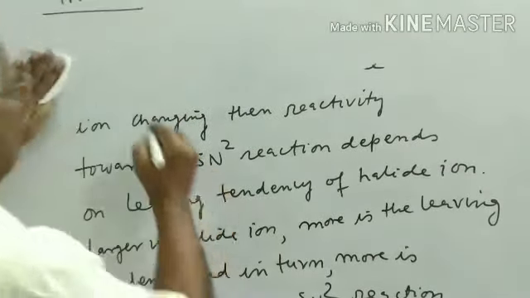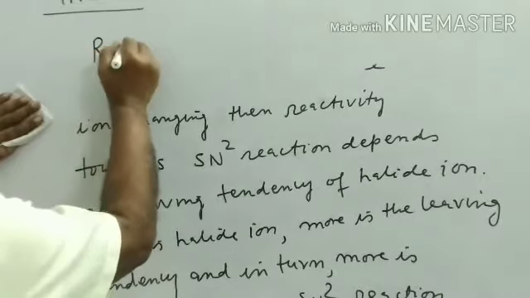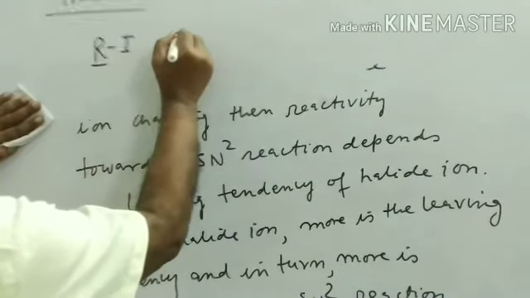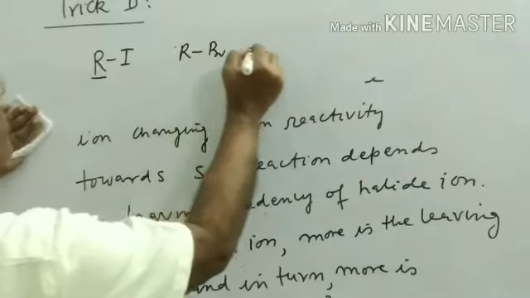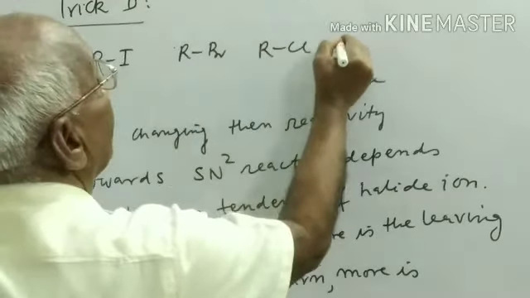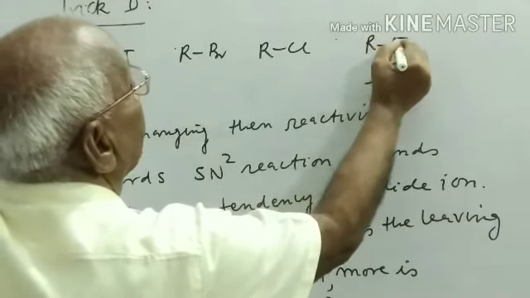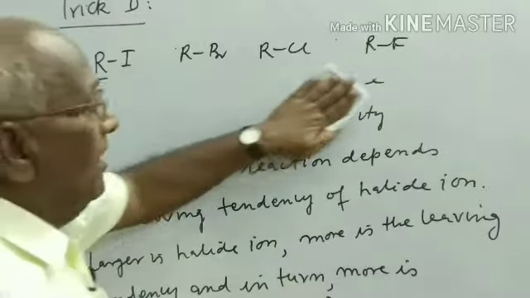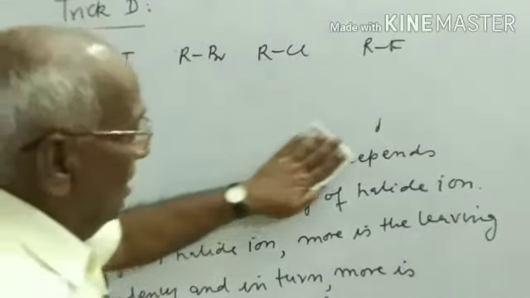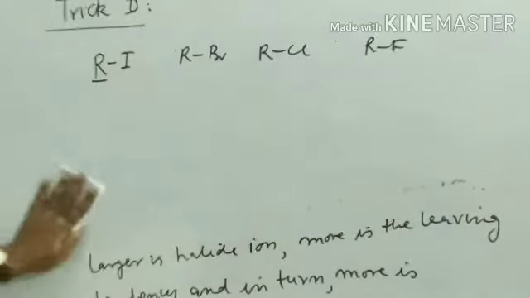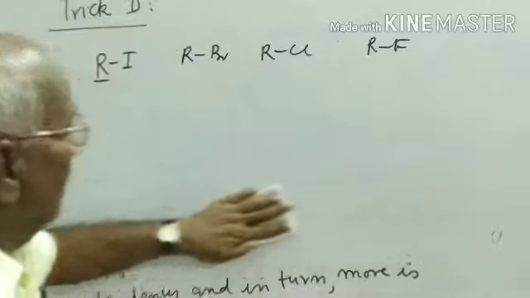Say, this is the order: RI, RBr, RCl, and RF. The alkyl carbon skeleton is the same, the halide ion is changing.